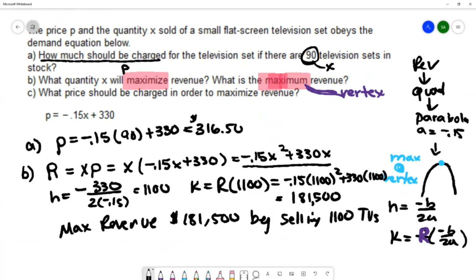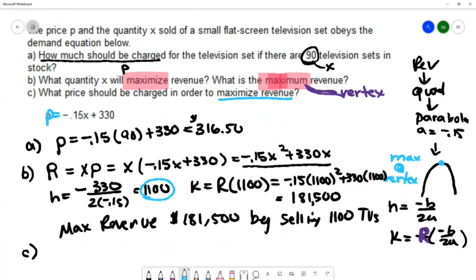We've got one more part here in part C. What price should be charged in order to maximize revenue? So remember, P, our price, is with this demand equation. We need to sell 1,100 television sets to maximize the revenue.